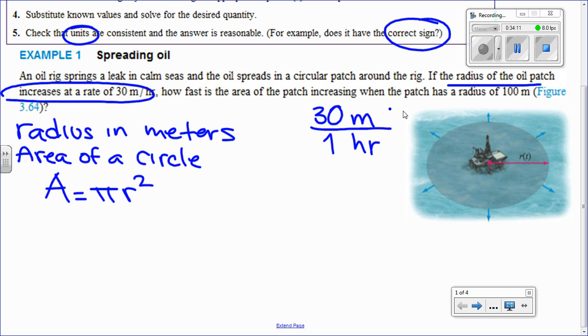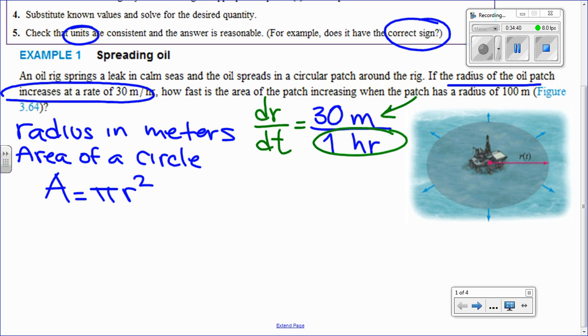Temperature, volume, or the radius? Distance. So the radius, distance. So we're going to say this is dr over what is changing here? dt. Very good. You see how the units tell you? They're like speaking to you. They tell you what kind of rate they're giving you. So we get that from the problem.